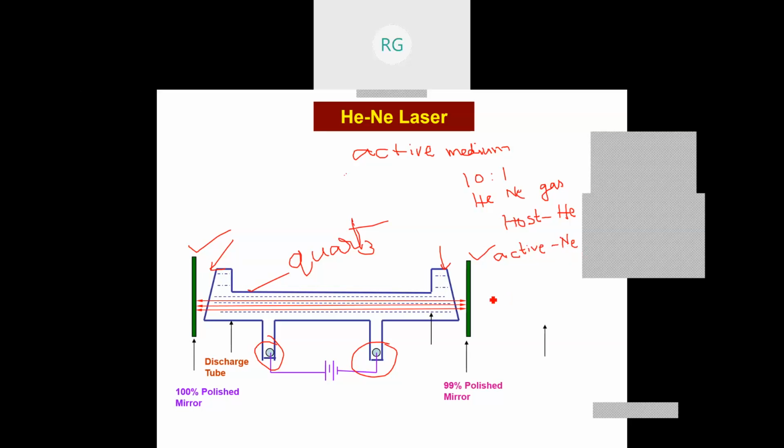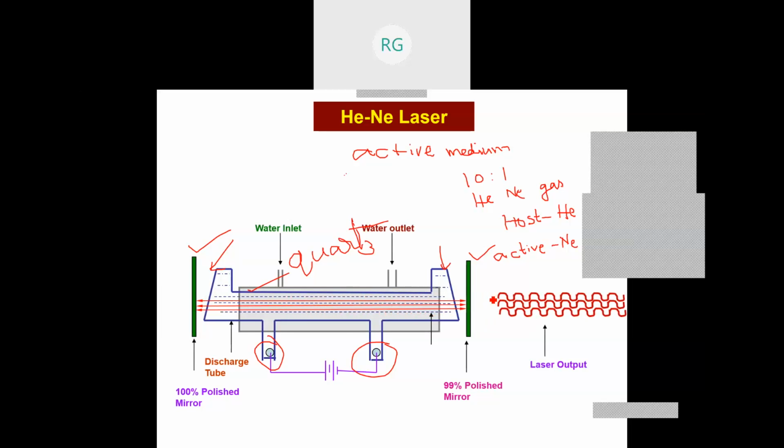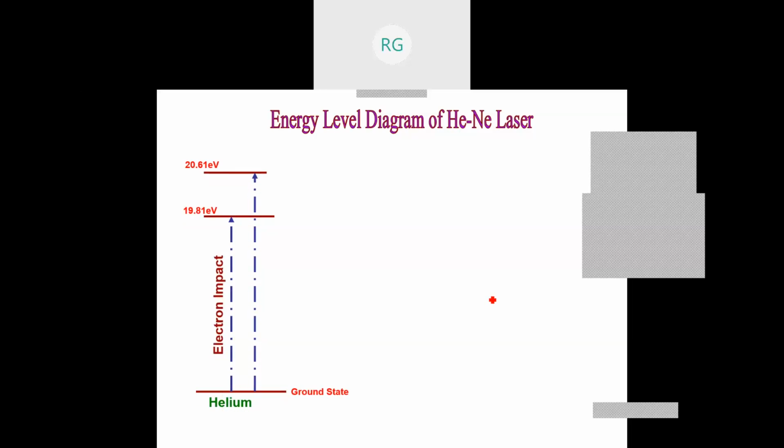Now, to understand how the lasing action takes place in the helium neon laser, where I get a continuous wave, I look at the energy level diagram. First I am giving the helium levels.